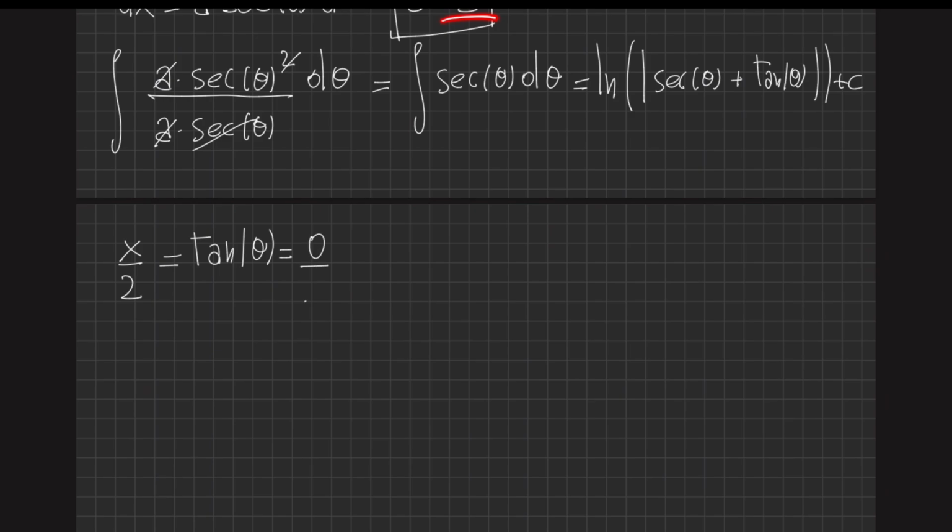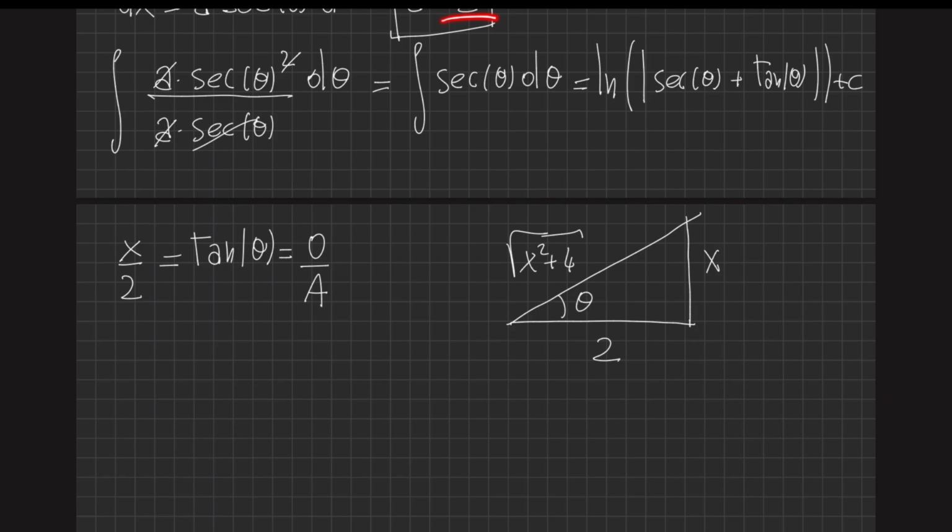Remember the TOA rule. And now let's report all of these on our right triangle. So the opposite side is x, the adjacent is 2, which means the third side, the third edge, is the square root of x squared plus 4, and this is our angle theta.